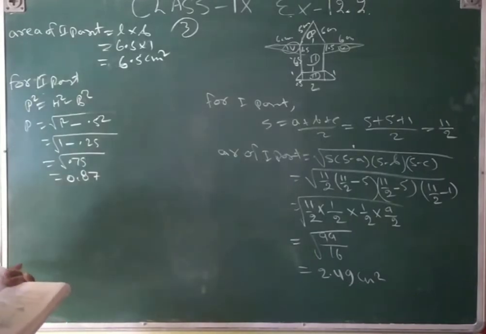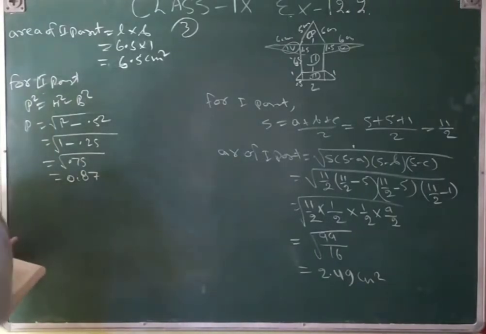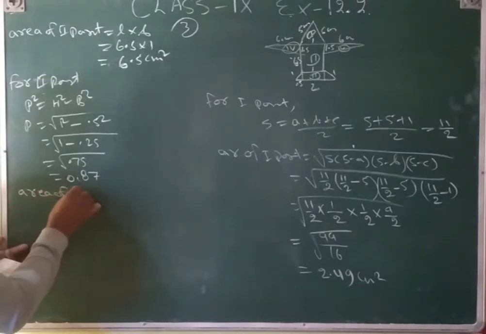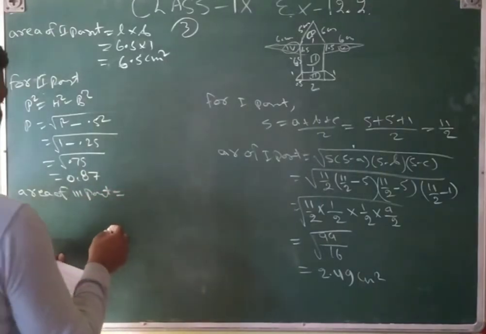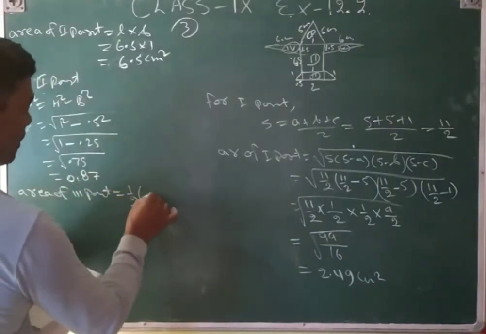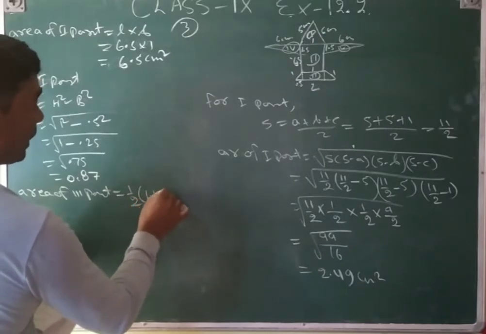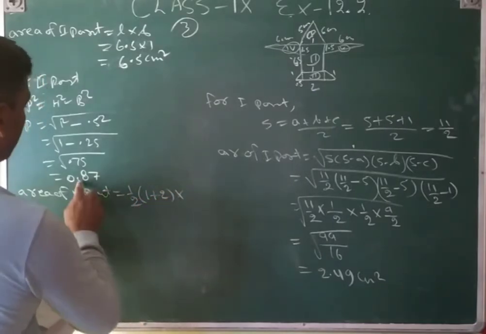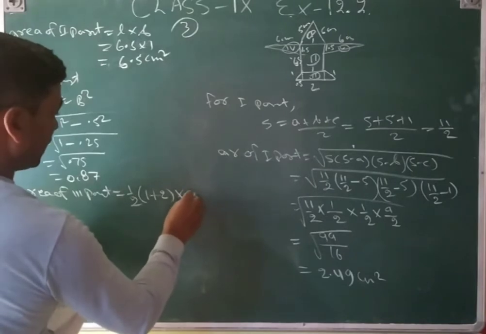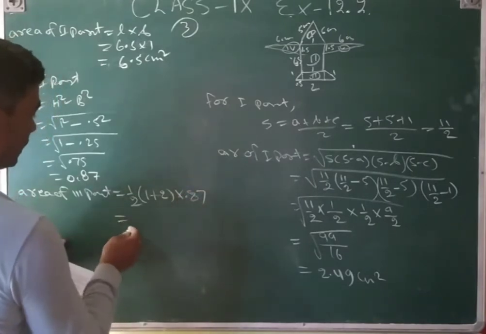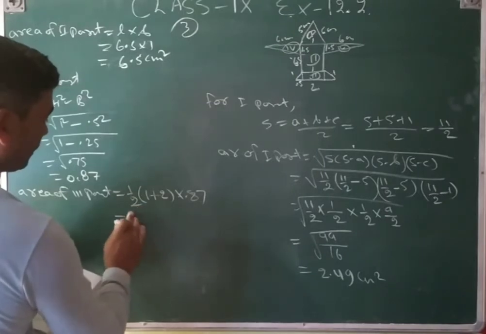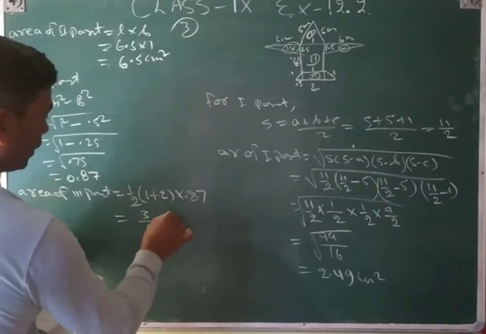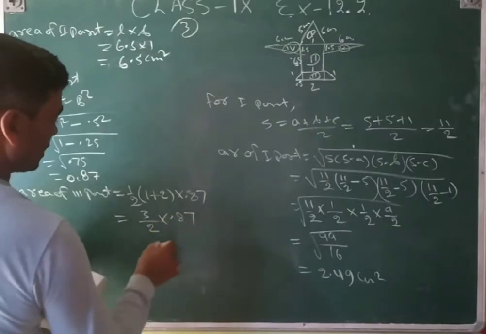This is the approximate value I am finding, because we can't find the perfect square root of 0.75. So area of third part is equal to 1 upon 2 sum of parallel sides into height 0.87, so that will be 3 upon 2 into 0.87.